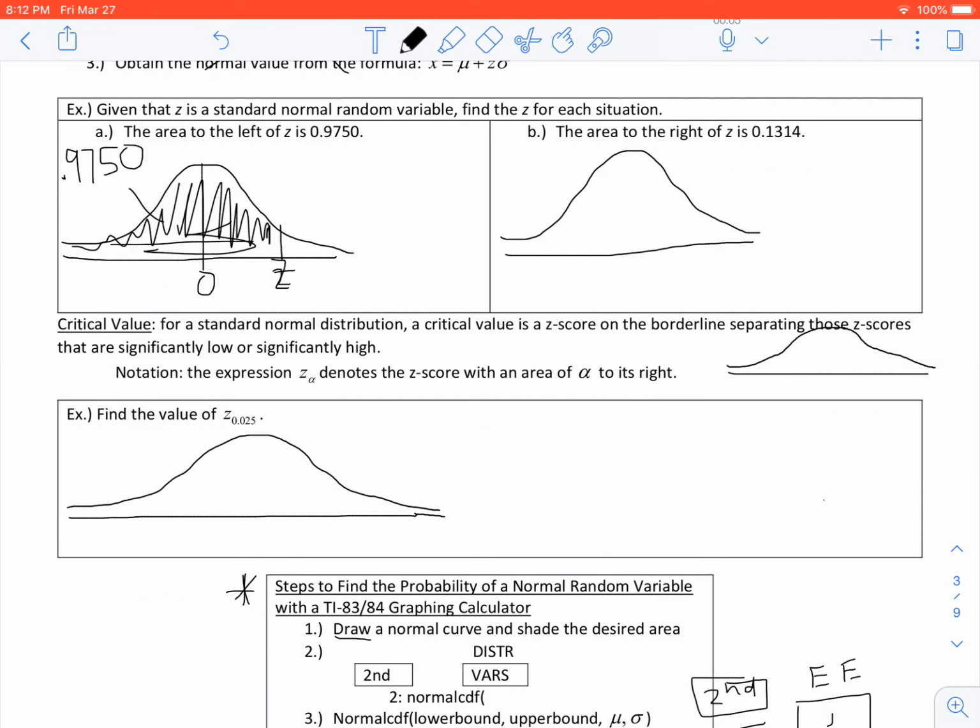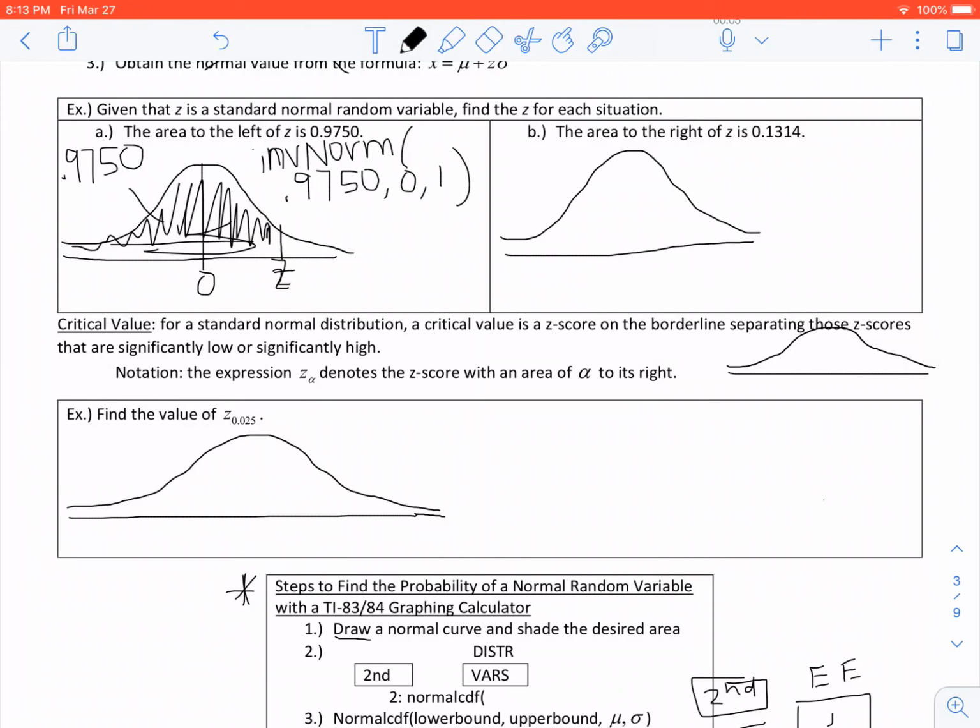So we need to go backwards now and find that z value down here. And in order to do this, we are going to type in on our calculator inverse norm. It's the area to the left, which for us is 0.9750. The mean, which is 0, the standard deviation, which is 1, and then close your parentheses.